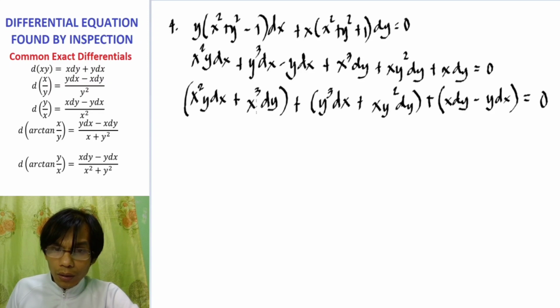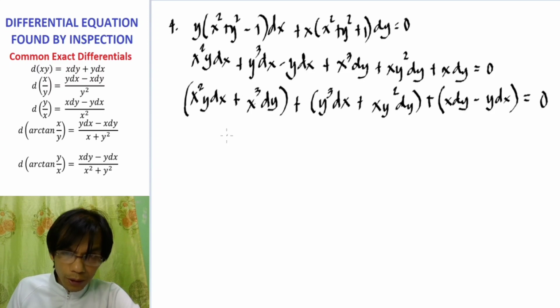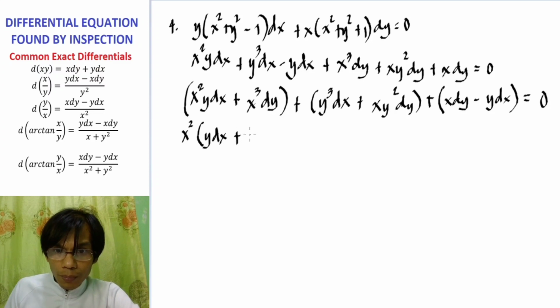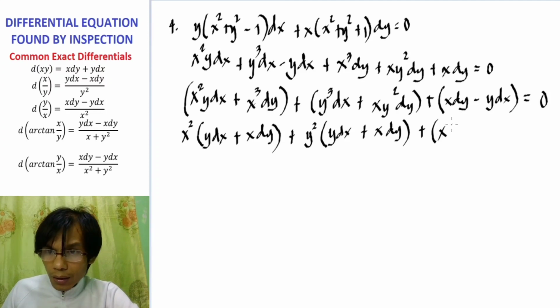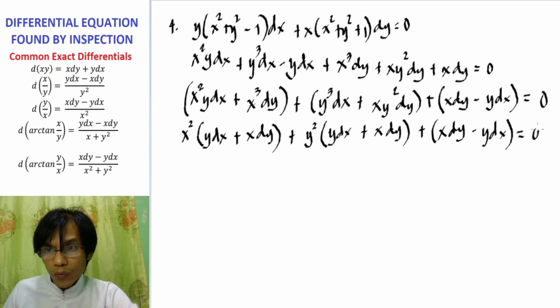Now, looking at this one, we try to factor out x squared in here. So x squared and then y dx plus x dy. We can also factor out y squared in here. So y squared, and then y dx plus x dy, plus x dy minus y dx. That is equal to 0.